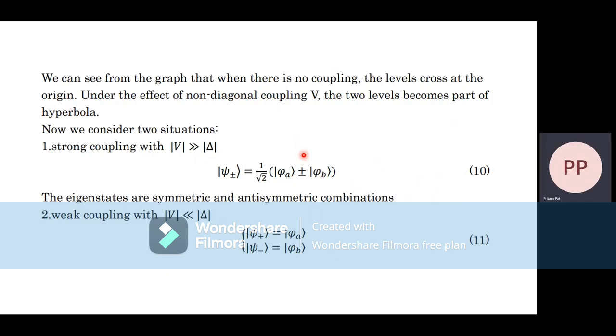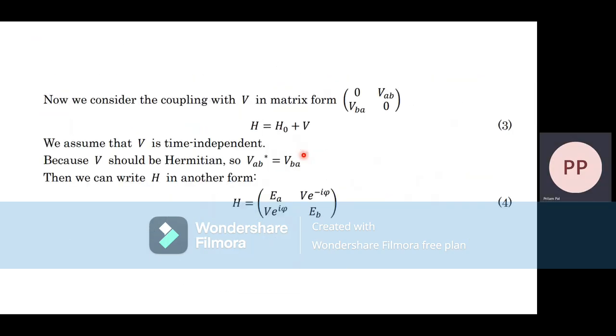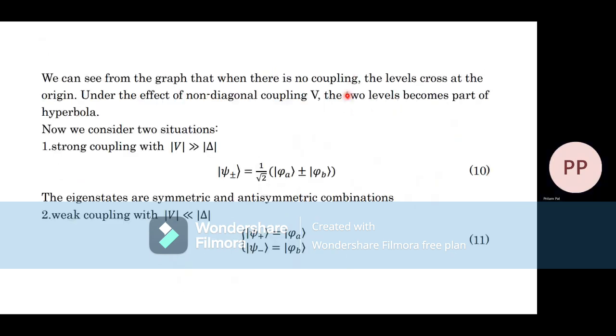Though we are approximating, and not considering any electron interaction, under the application of the external potential, which can be considered as a non-diagonal coupling, let's say V. Why are we calling it non-diagonal? Because whatever the form of V is, it is actually non-diagonal. We have non-diagonal elements V_AB and V_BA. That is why it is called a non-diagonal coupling.